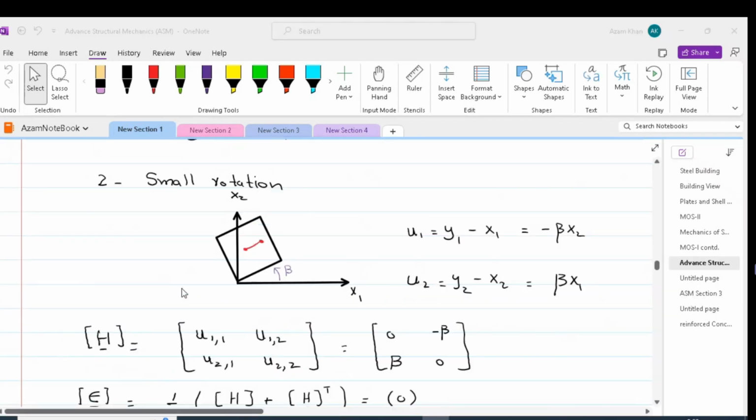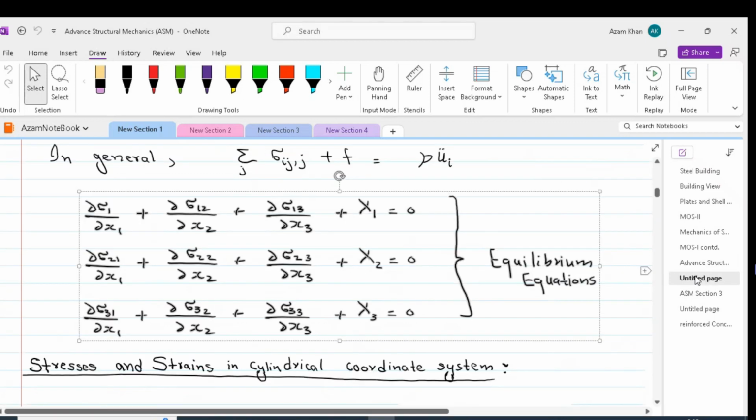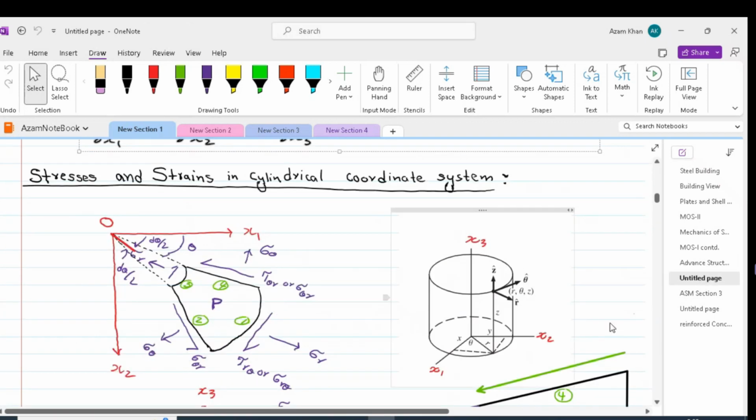Previously we had this displacement tensor. We defined our strain as equal to half of the displacement tensor plus displacement tensor transpose. So instead of H, now we have called it U.